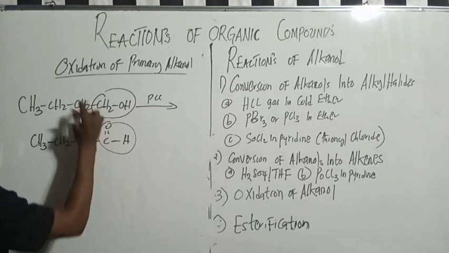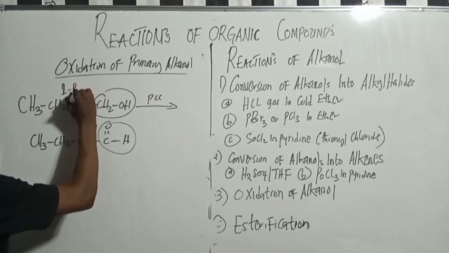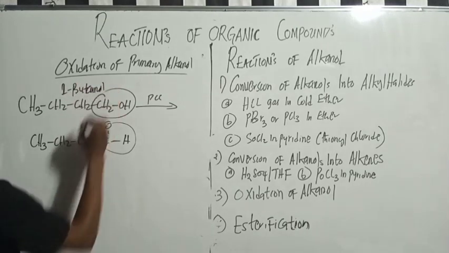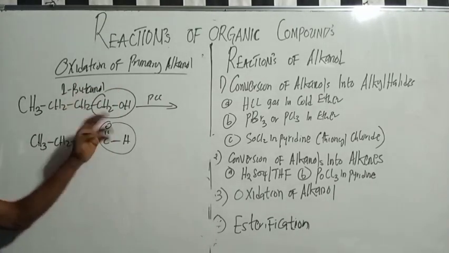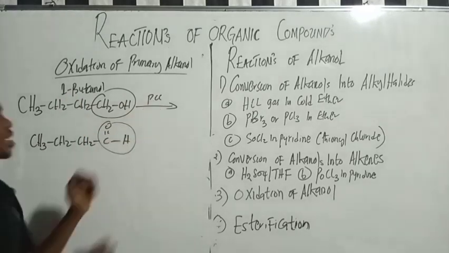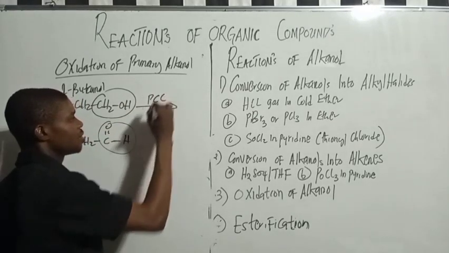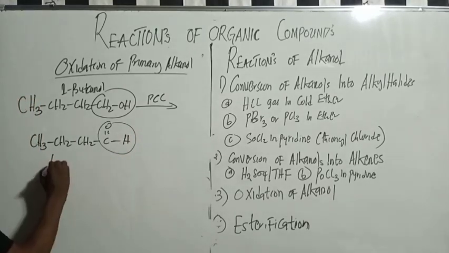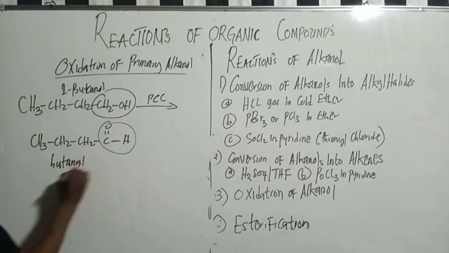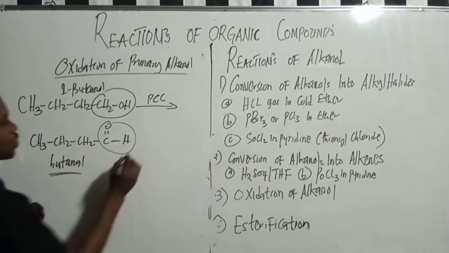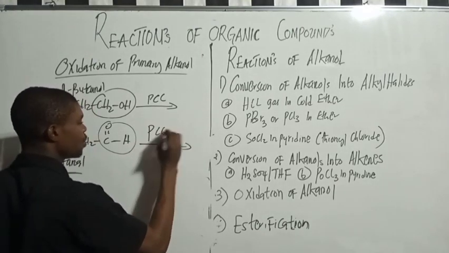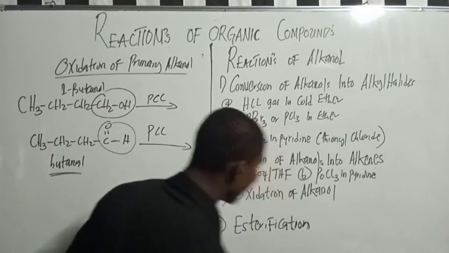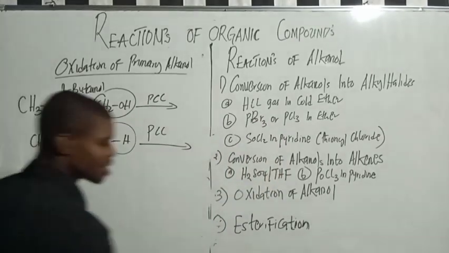So you know this guy is 1-butanol. When 1-butanol undergoes reaction with PCC, pyridinium chlorochromate, you're going to form butanal. Then further oxidation with PCC would produce a carboxylic acid.